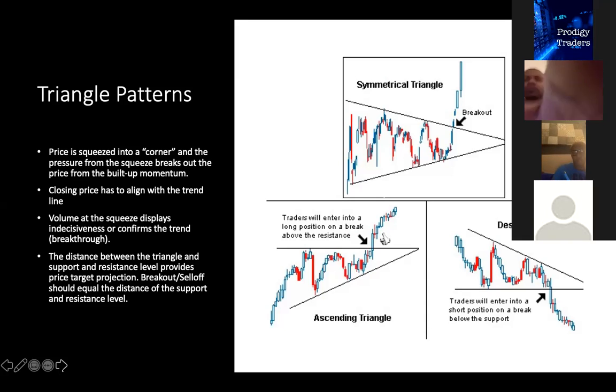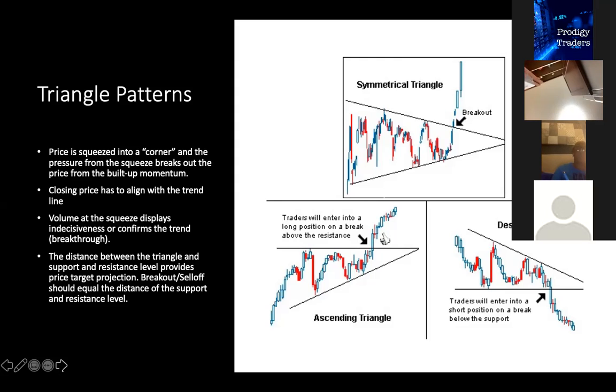You have buyers pushing up, sellers bringing it back, but then the range for buying and selling gets so small that one has to take over. The definition says price is squeezed into a corner, the corner of the triangle, and the pressure from the squeeze breaks the price out from the built-up momentum.